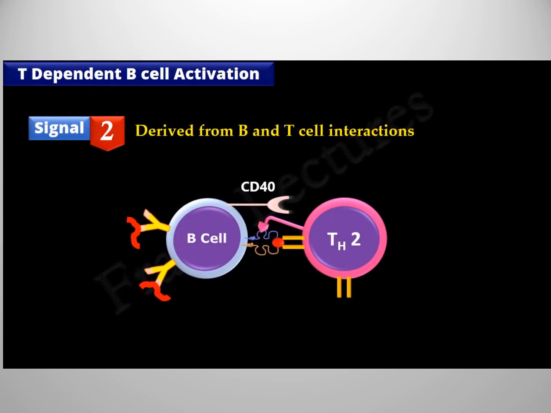Once antigen recognition is done by the T helper cell, it now expresses CD40 ligand on its surface. The CD40 receptor present on the B cell recognizes and binds the CD40 ligand on the T helper cell. These interactions between T and B cells thus provide the second signal for B cell activation.